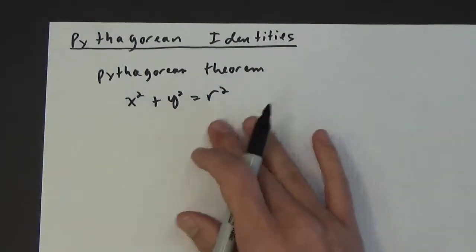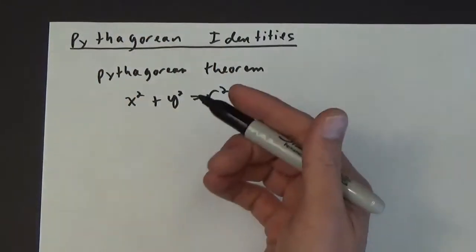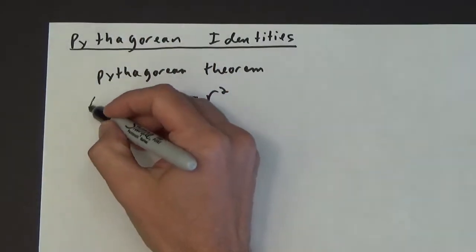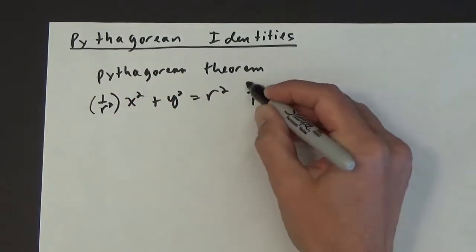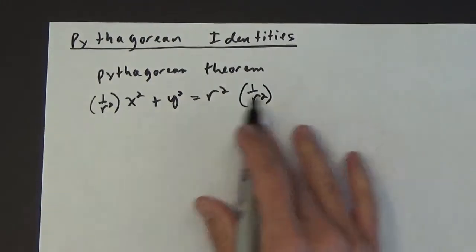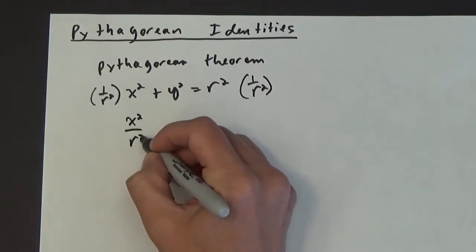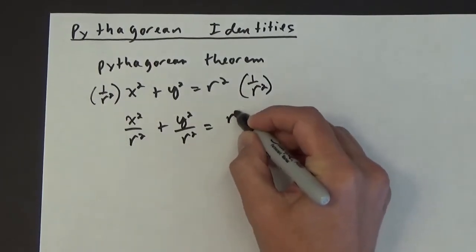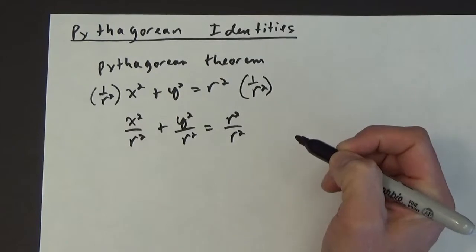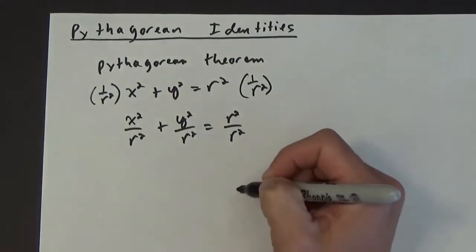Now let's develop this first identity, and to do that, we're going to multiply everything by 1 over r squared. When we do that to both sides of the equation, we end up with x squared over r squared plus y squared over r squared equals r squared over r squared. Now r squared over r squared becomes 1.